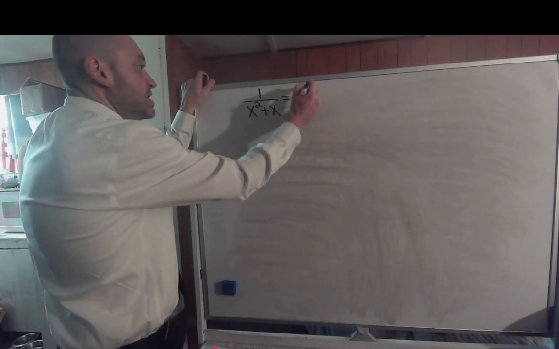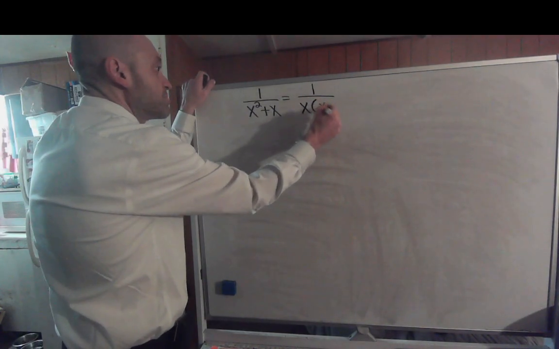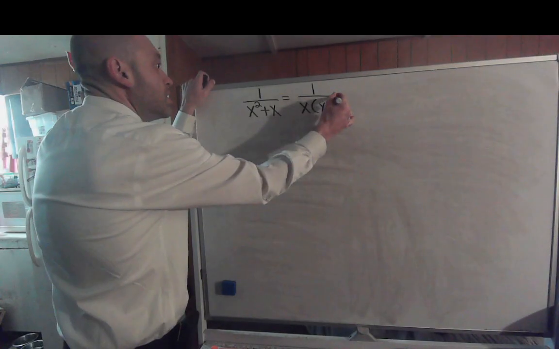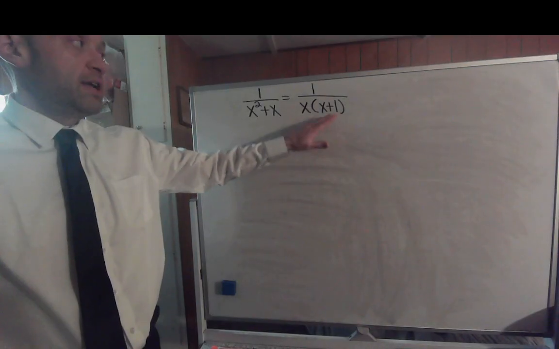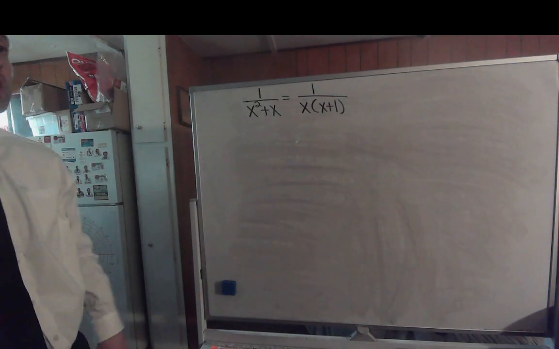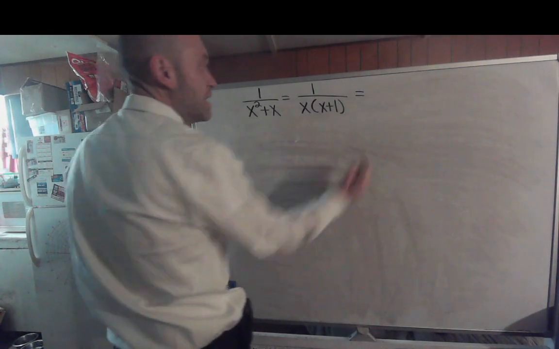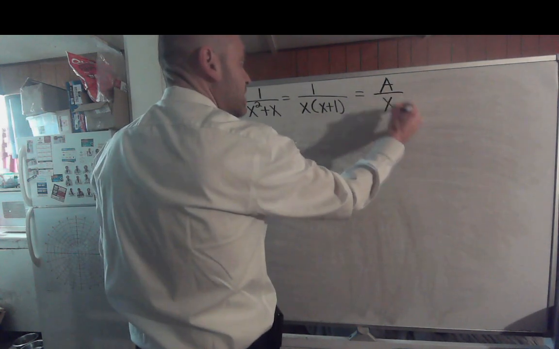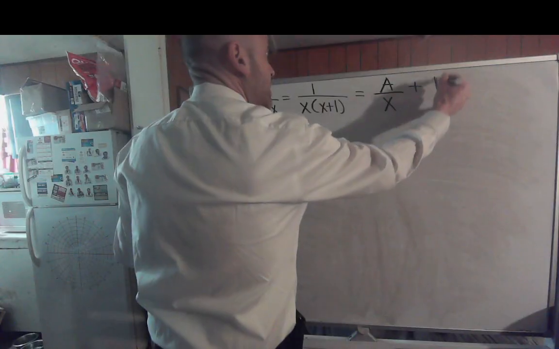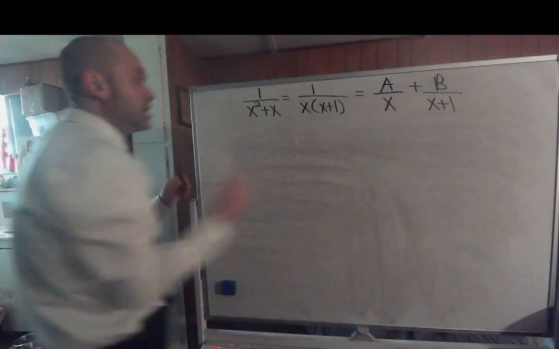So that's going to equal 1 over x times x plus 1. So we have two non-repeated linear factors. Again, your partial fraction decomposition would be a over that factor of x plus b over that factor of x plus 1.